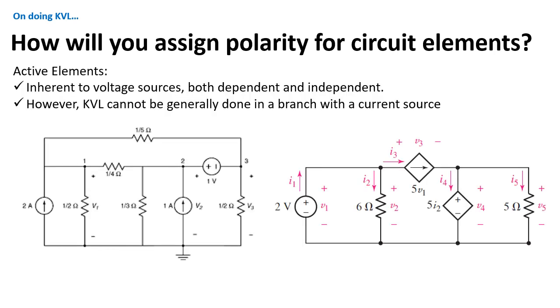Okay, let's start with the active elements. There are two types of active elements, dependent and independent. The polarity, or the plus and minus signs, are said to be inherent for voltage sources. Of course, voltage sources have plus and minus signs in them, so it's easy for us to identify which is the plus and the minus for a particular voltage source, whether it's dependent or independent.